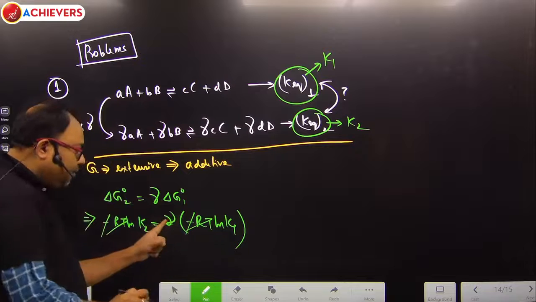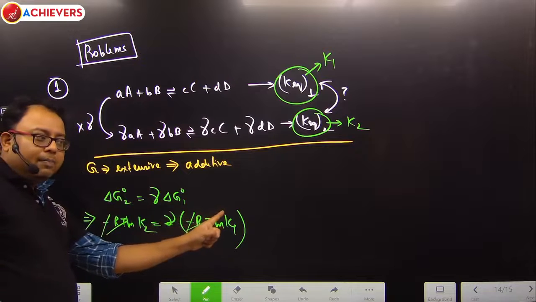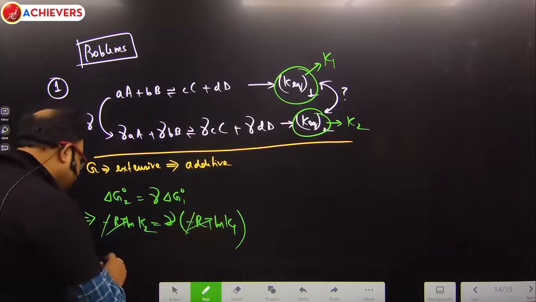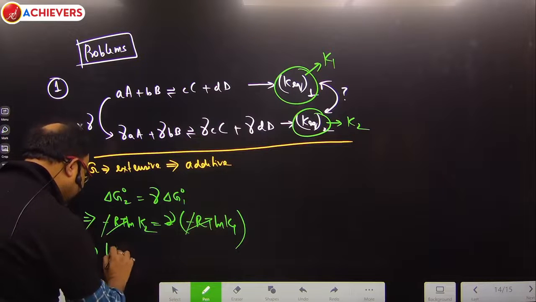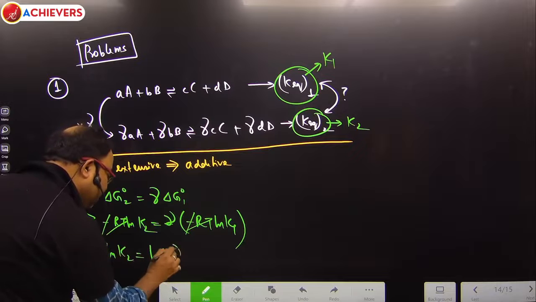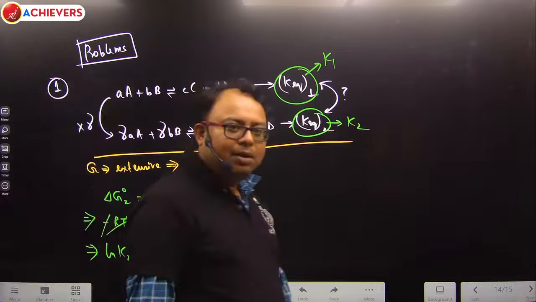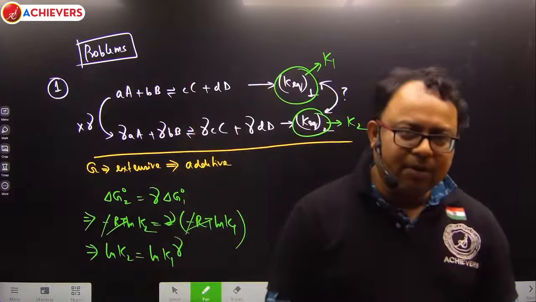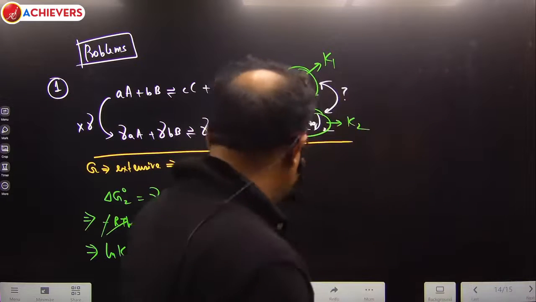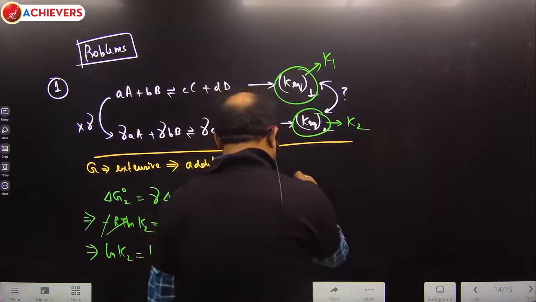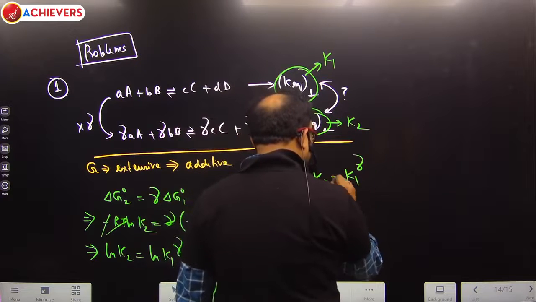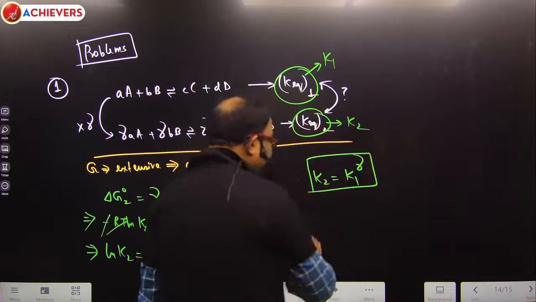And this gamma will go to the power of K1 from the fundamentals of logarithm. So ln K2 is equal to ln K1 to the power gamma. From the basic laws of logarithm, we can write this. So therefore, K2 must be K1 to the power gamma.